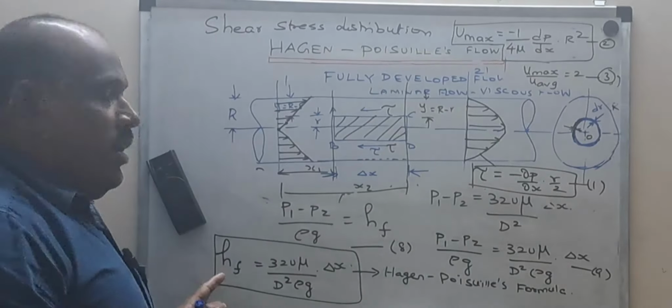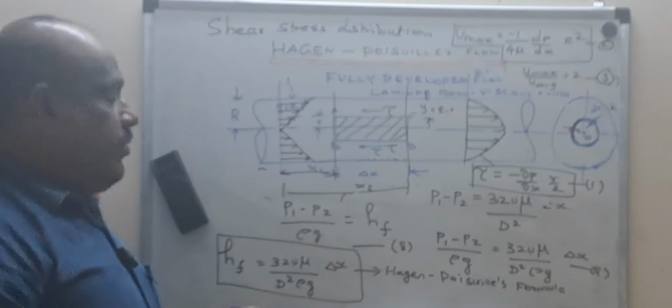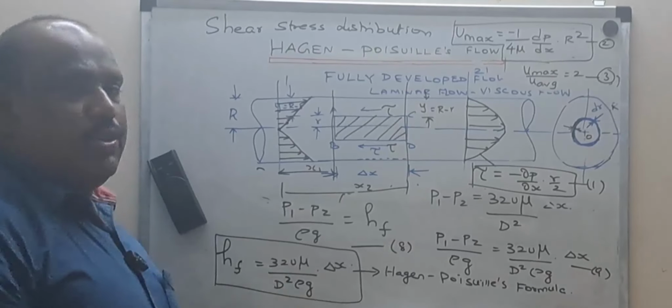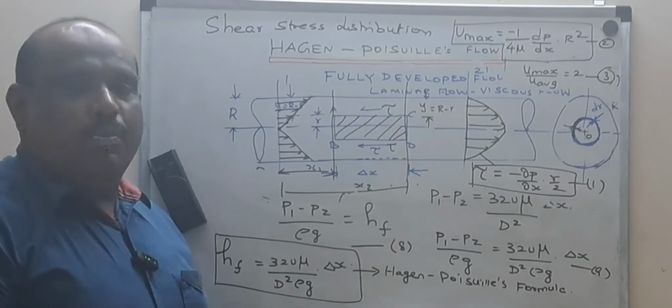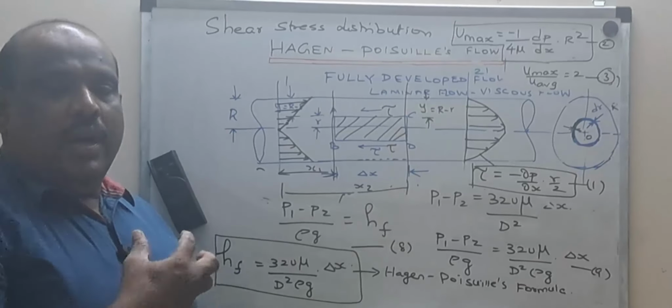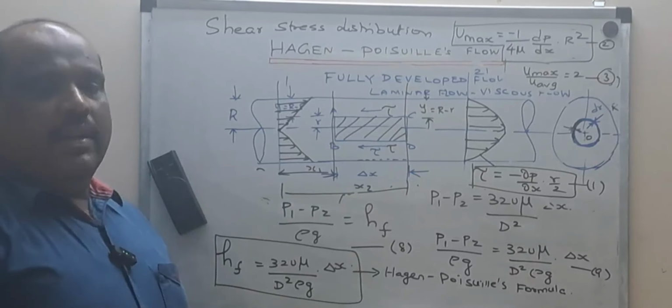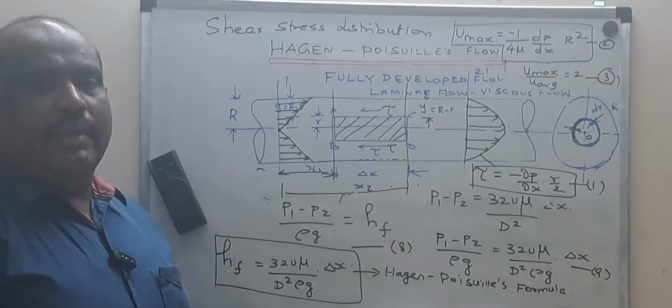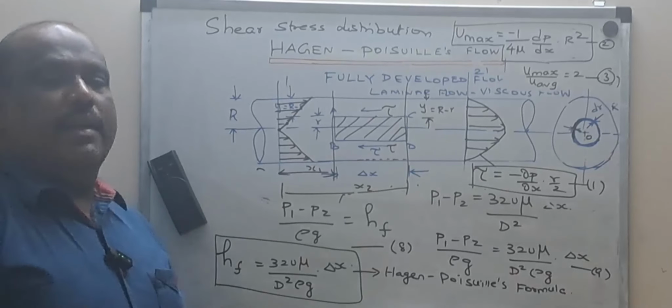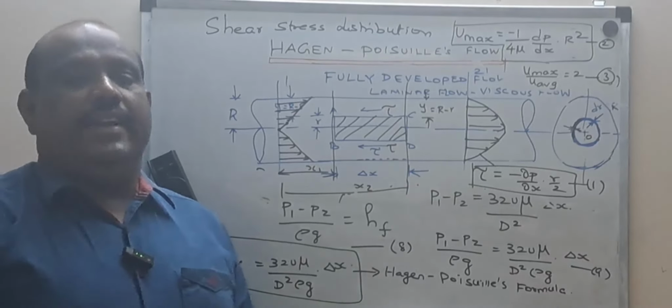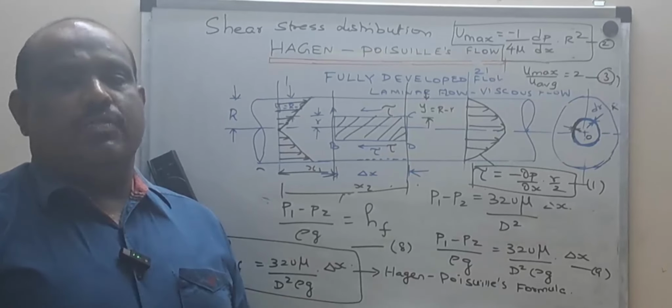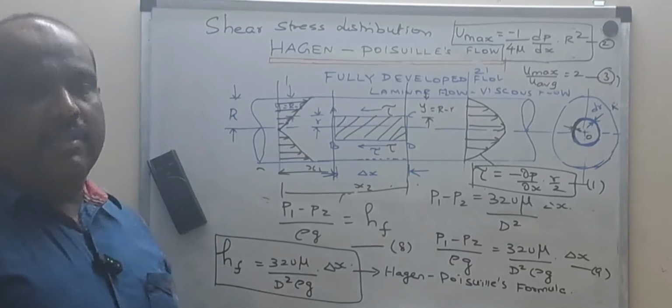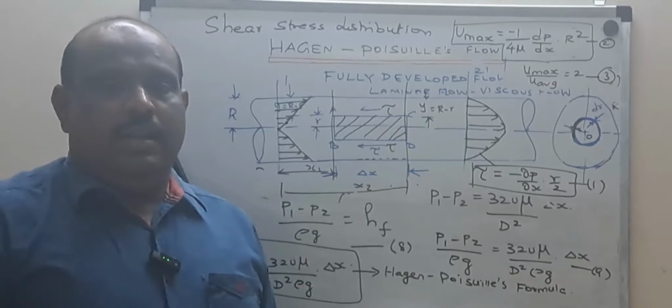And the fourth is the head loss due to the viscous effect, given by 32 u mu by d squared rho g into delta x. I hope you will be able to appreciate the content and the usage of the Hagen-Poiseuille flow. Especially this is much needed for a viscous flow, meaning where mu dominates. Thank you.